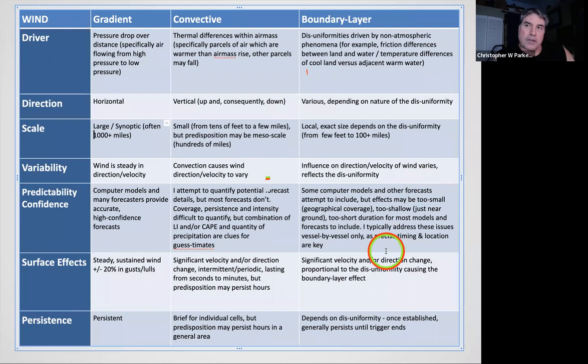Prediction confidence is often pretty good. And in some areas, there's a diurnal pattern. So along the US East Coast or some of the larger islands in the Caribbean, we get diurnal patterns where the sea breeze is blowing air toward the land during the day, and then the land breeze is blowing air away from the land at night.